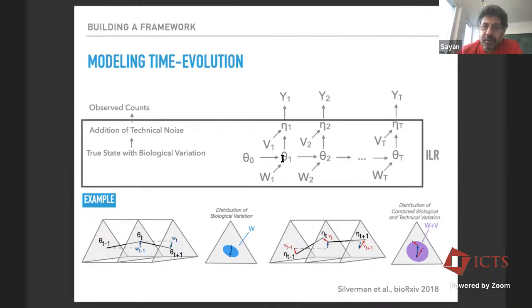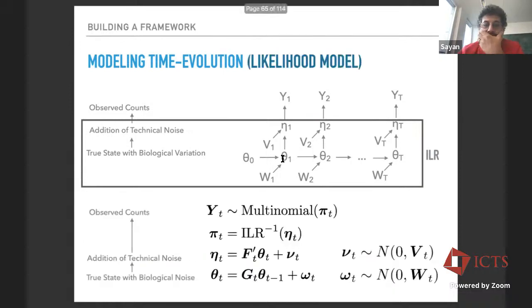So this is your model. And this is an adaptation of something called a dynamic linear model, which is used in finance a lot, right? For count data. You can also think of this as a discrete Kalman filter, right? So what's happening? Your observed counts are multinomial based on these probabilities.